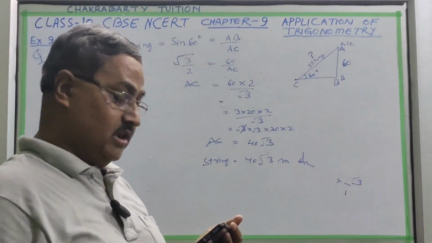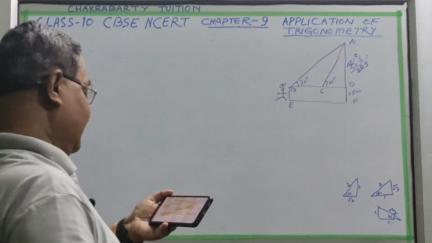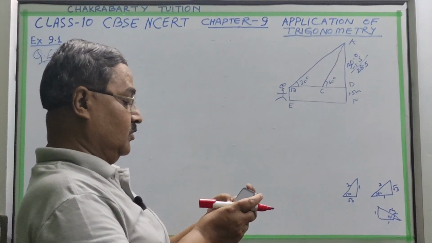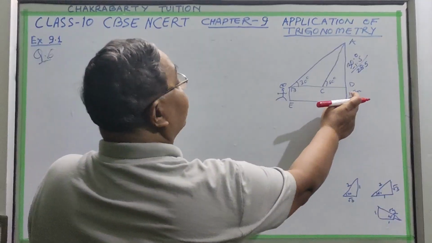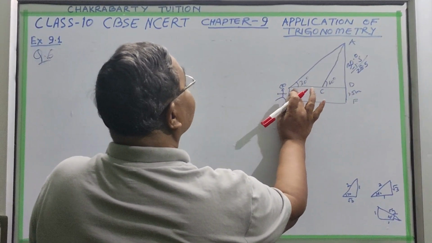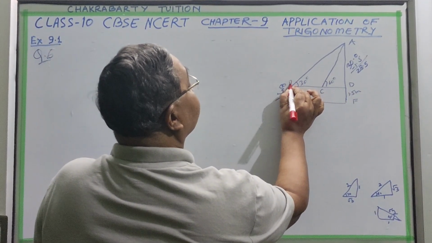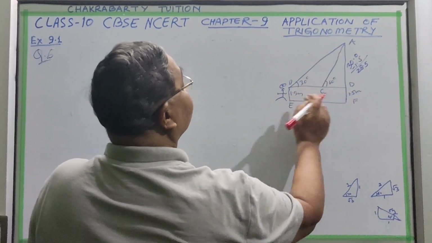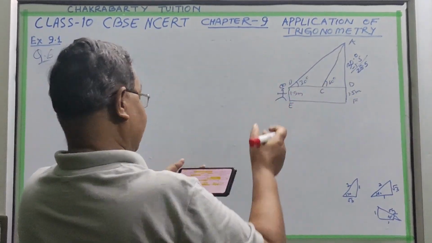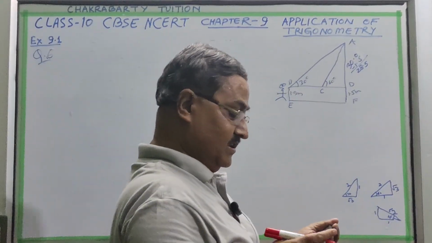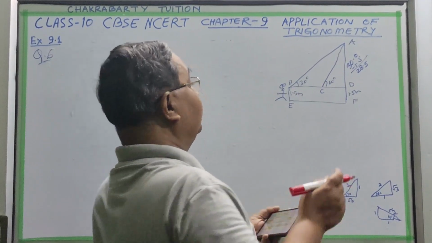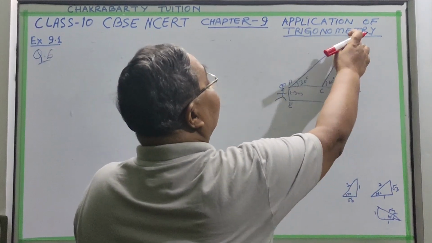We will go to question number 6. A 1.5 meter tall boy is standing at some distance from a 30 meter tall building. This is your building, 30 meter tall.